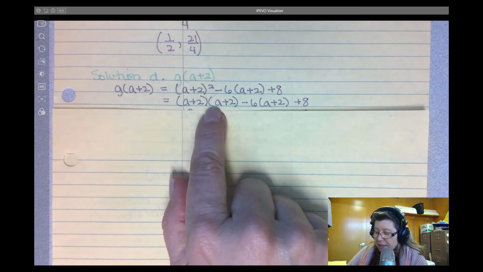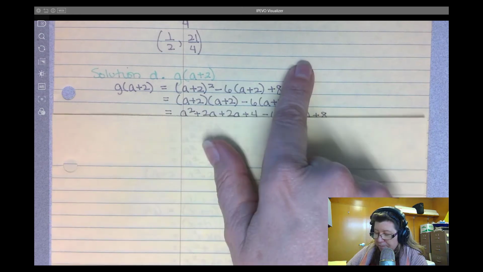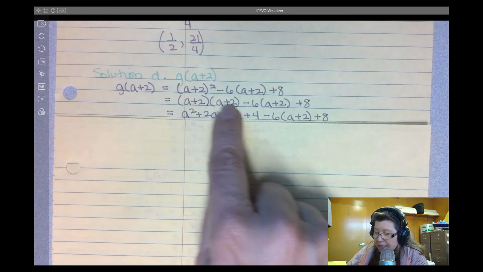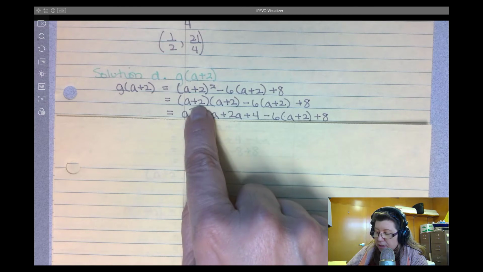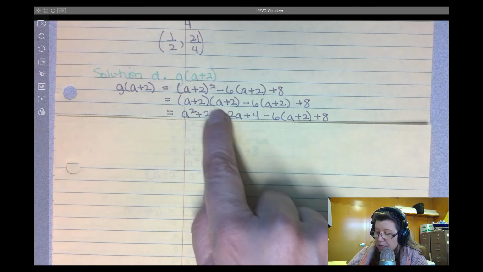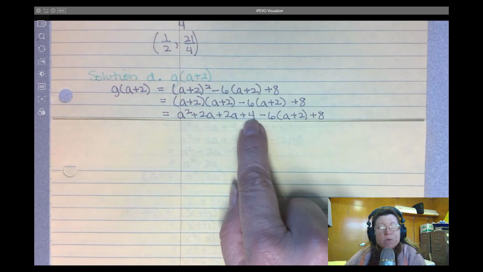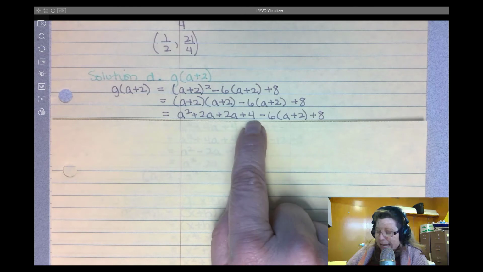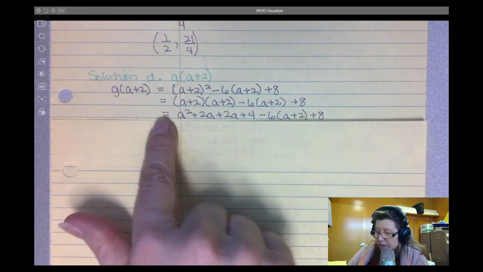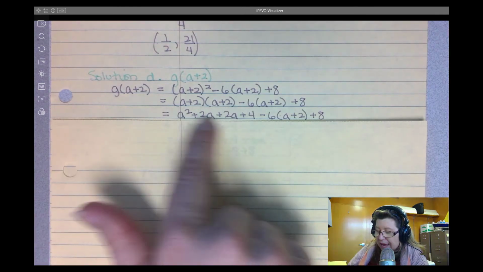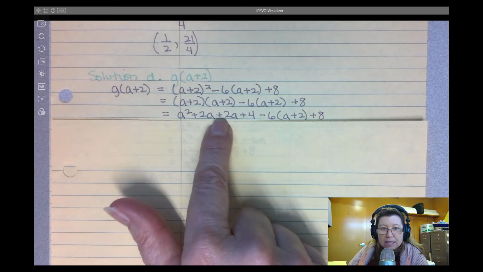So a times a is a squared. a times 2 is 2a. 2 times a is 2a, and 2 times 2 is 4. My brain's jumping ahead. Sorry about that. Now, just because I'm focused on this front part, I'm going to add like terms so I can combine this 2a and 2a.